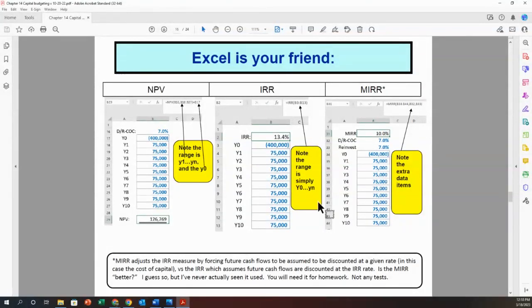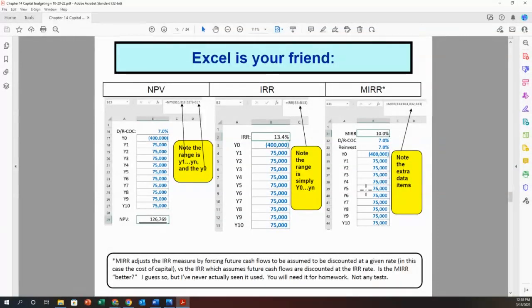So there's extra data items. Now, I'm not going to go into the esoterics. The MIRR is theoretically better for a whole bunch of theoretical reasons because it's making more specific assumptions about how you would invest the $75,000 a year. It's not worth going down that rabbit hole.